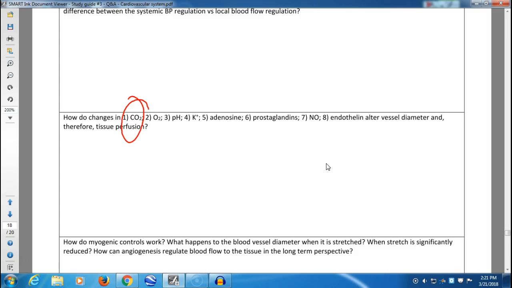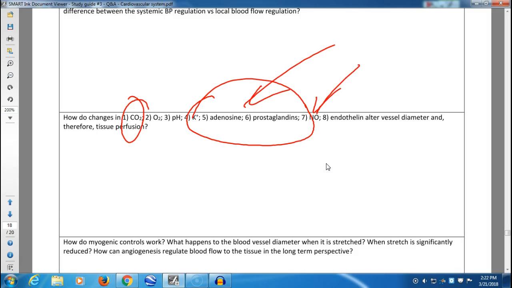Elevated pH decreases local blood flow. Elevated potassium increases local blood flow. So, these products of metabolism, elevated potassium, elevated adenosine, elevated prostaglandins, all increase local blood flow because they are the signs of metabolically active tissues.